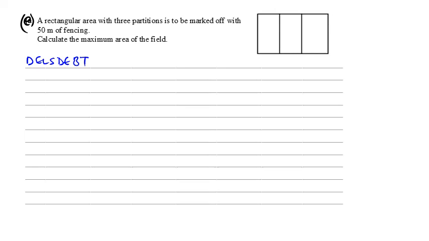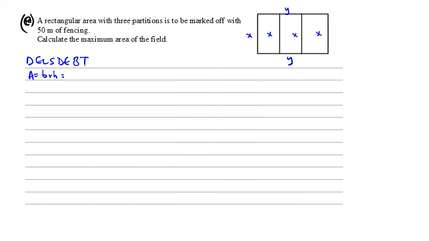We're trying to maximize the area of the field. So area is base times height. Alright, link the two. The rectangle has 3 positions marked off with 50. So you've got y, x, x, x, and x.